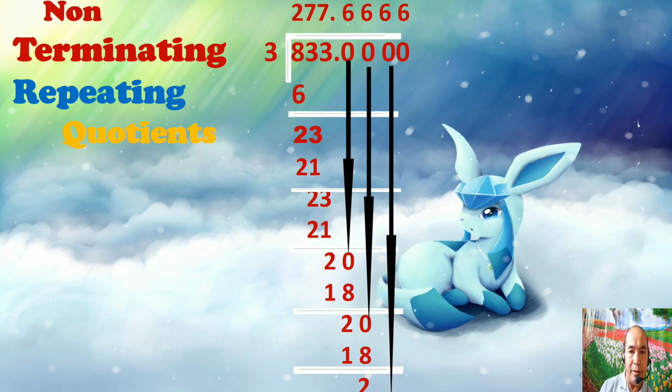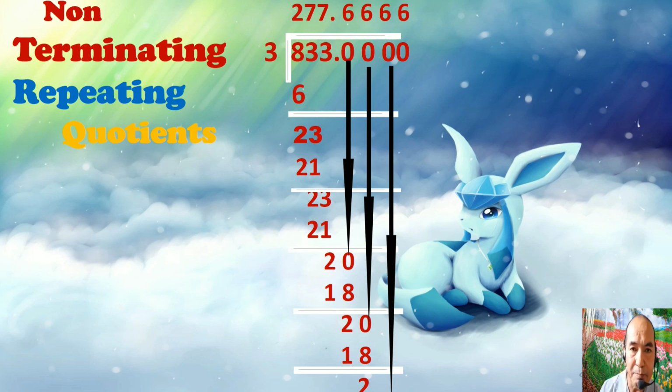So 20 divided by 3, we'll have 6. So 6 times 3, we have 18. 20 minus 18 equals 2. There is a never-ending remainder 2. So we will never end the remainder. So we will also never end our quotient, which is 6. There is a continuous 6 in our quotient.